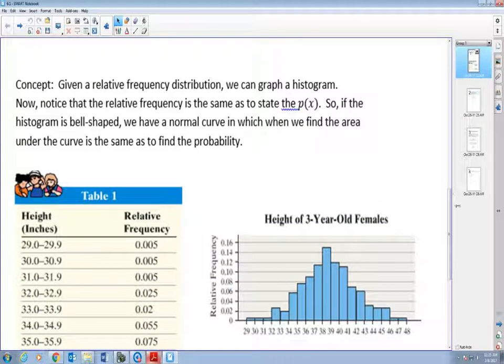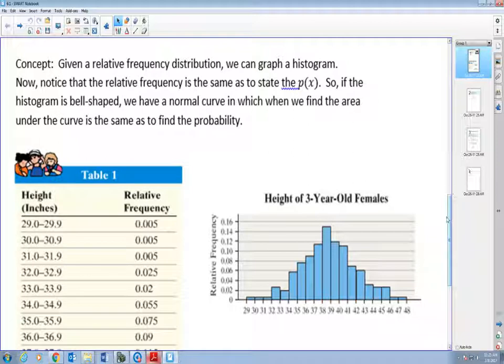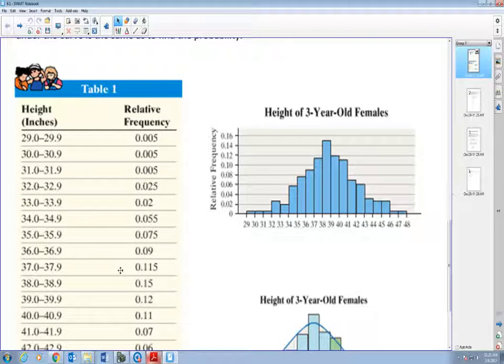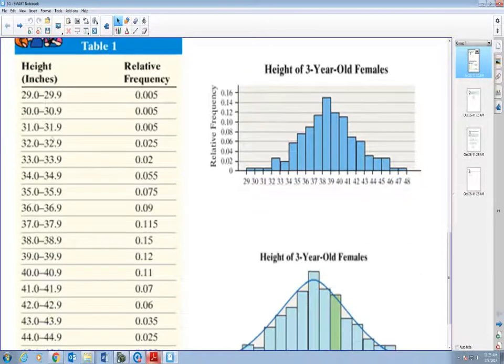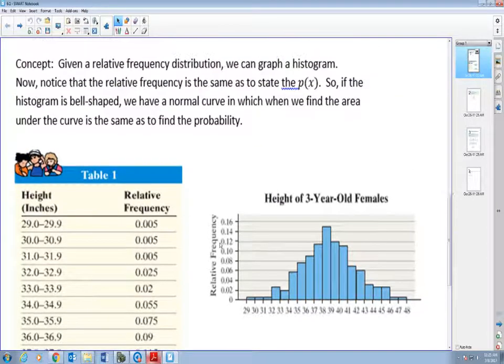So if we want to make a transition from chapter 3 material and chapter 2 material, what's happening here is, given a relative frequency distribution, like this table number 1, where I have heights and the relative frequency, we can graph the histogram.